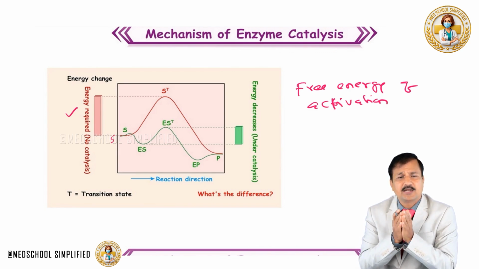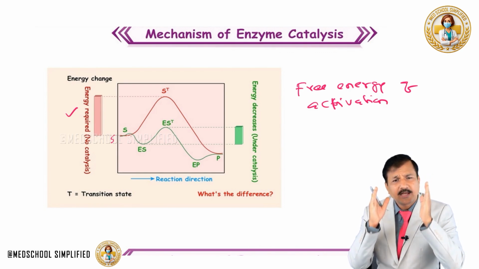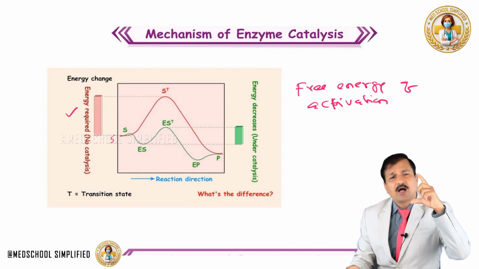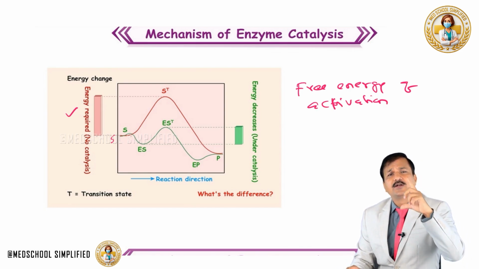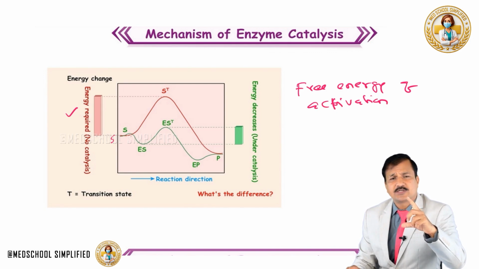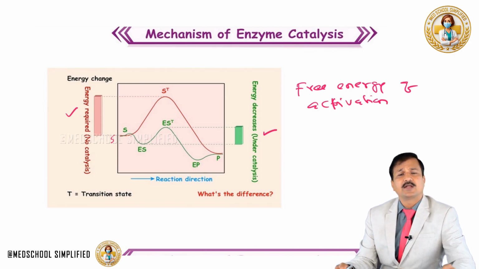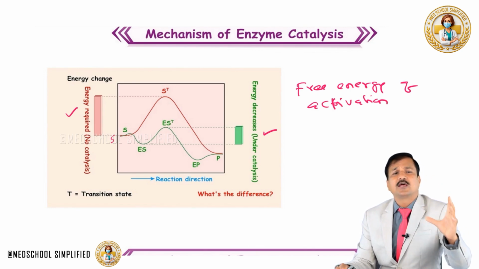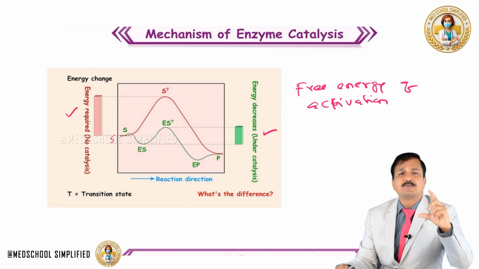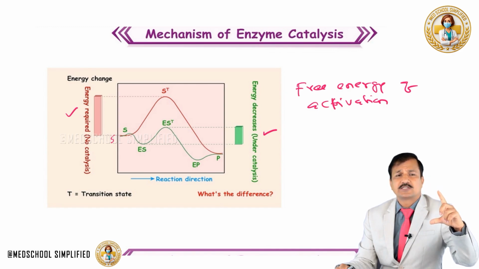This binding energy brings down the amount of energy needed to take the substrate into its transition state, and you see in the green bar on the right-hand side that the free energy of activation in the presence of enzyme is much lower than the free energy of activation in the absence of enzyme, which you can see in the red bar on the left-hand side.